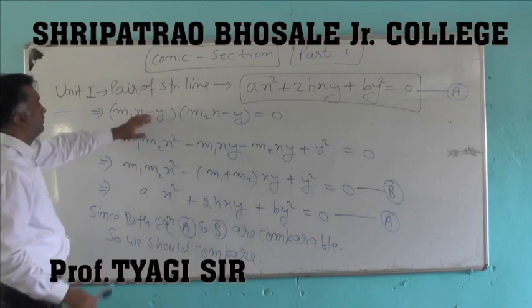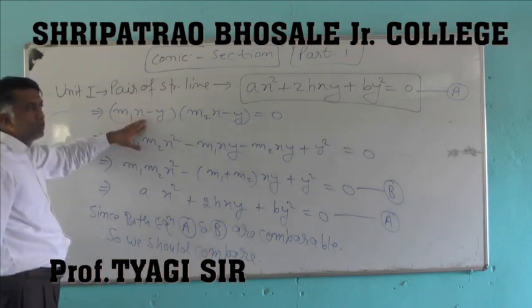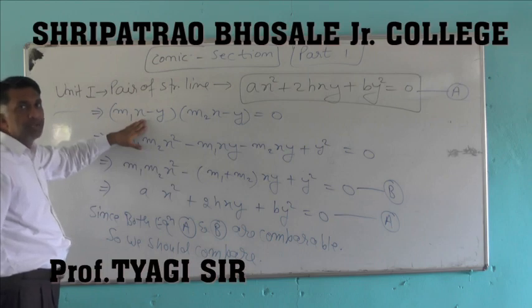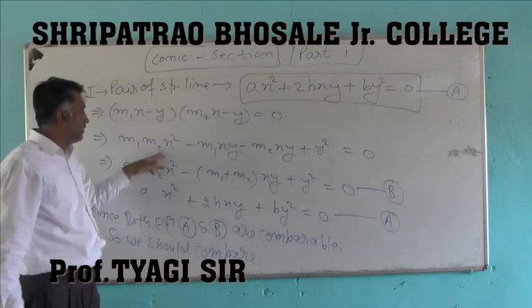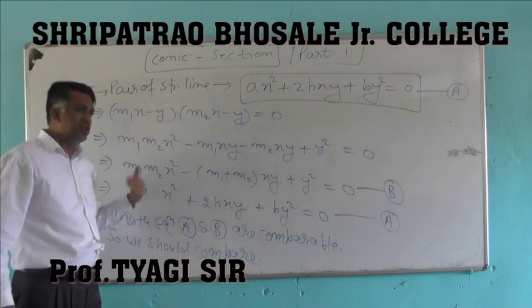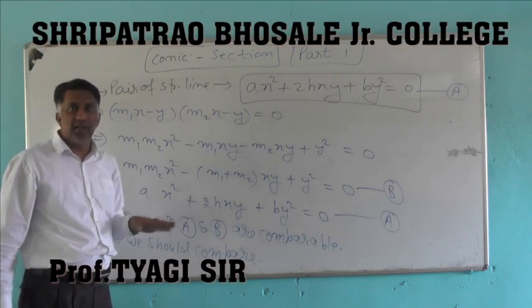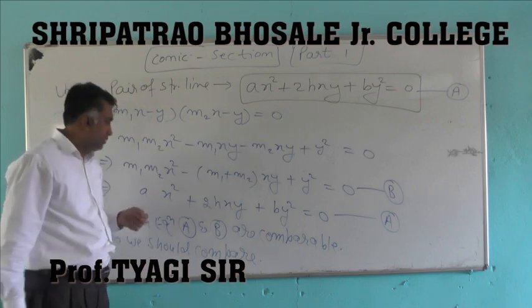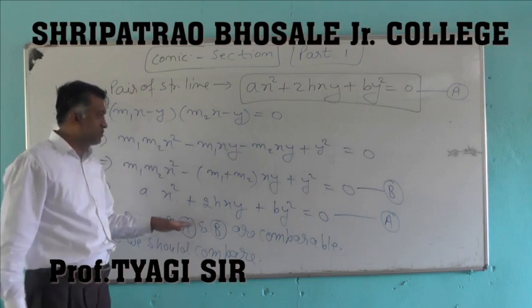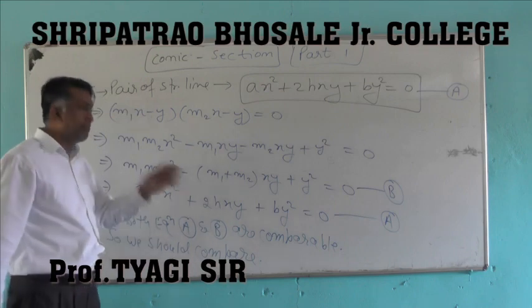You can see here we have taken two lines passing through origin, y equal to m1x and y equal to m2x. After multiplying this, we got equation B, and equation B is actually equation A. It means both equations are the same and we can compare them.